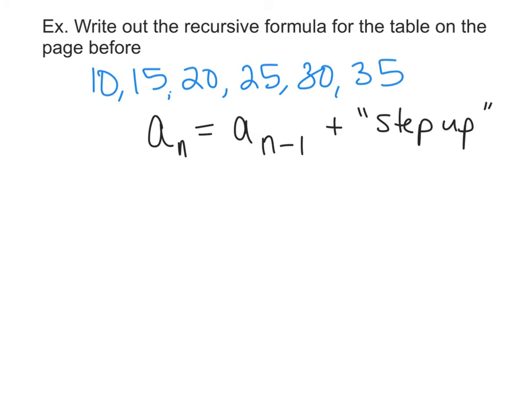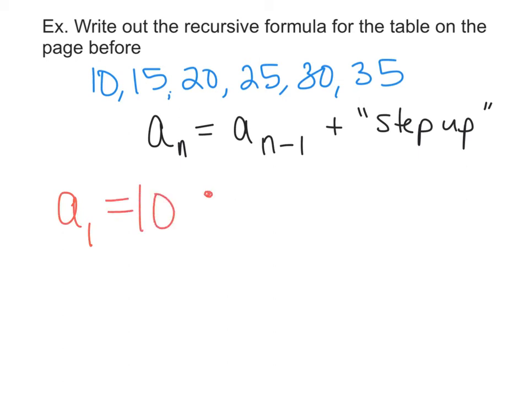All right, so we're asked to write out the recursive formula for the table on the page before. So I wrote out the sequence here just so that we had this written: 10, 15, 20, 25, 30, 35. Those were the actual terms. And to write the actual equation, remember this: a sub n is equal to a sub n-1 plus the step up. So we know that a sub 1 is equal to 10 because my first term is 10.